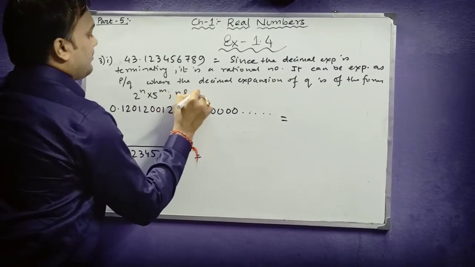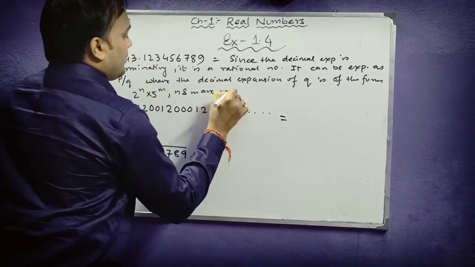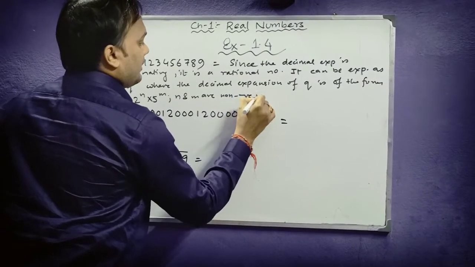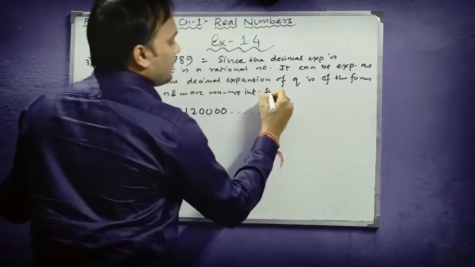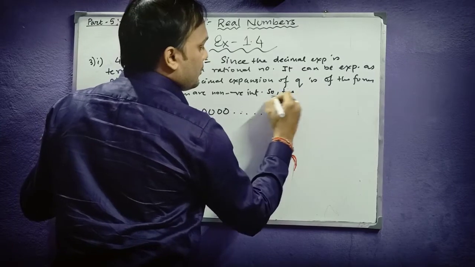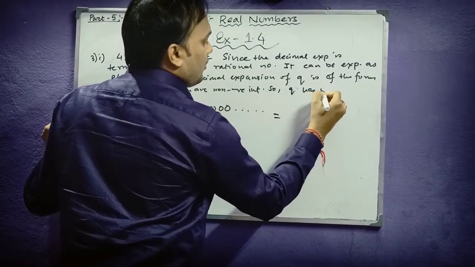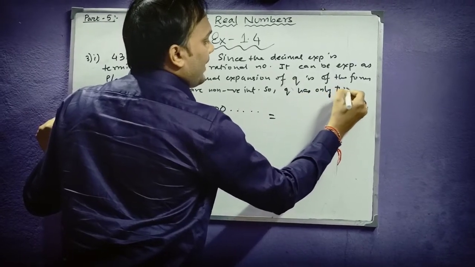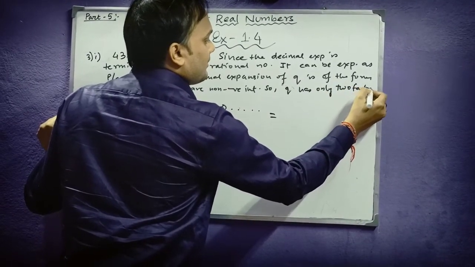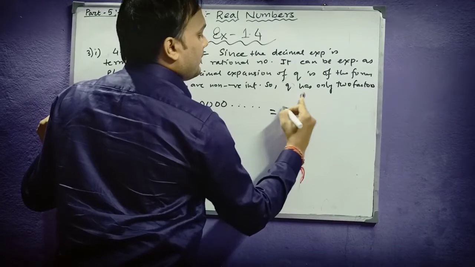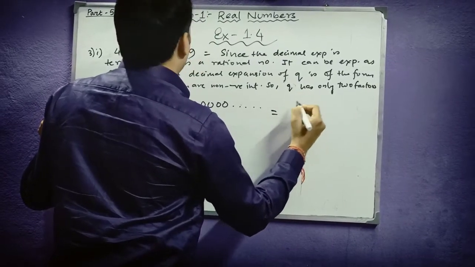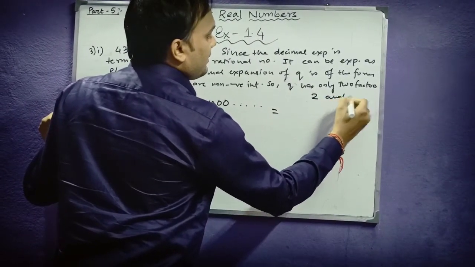N and m are non-negative integers. So the denominator Q has only 2 factors, which are 2 and 5.